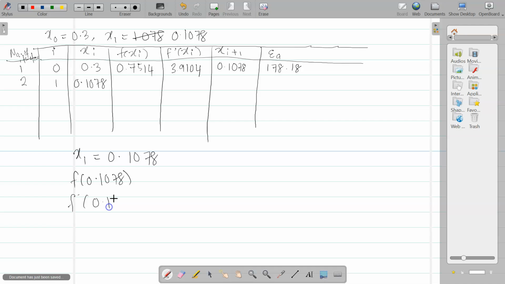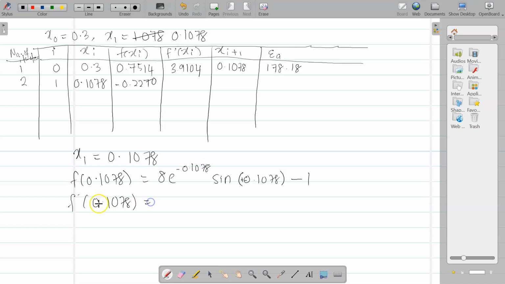How to compute this? For the function here, we use the function from the question, which is exponential negative x, so exponential negative 0.1078, sine in bracket positive 0.1078, minus 1. When we compute this using a calculator, we get the answer negative 0.2270.